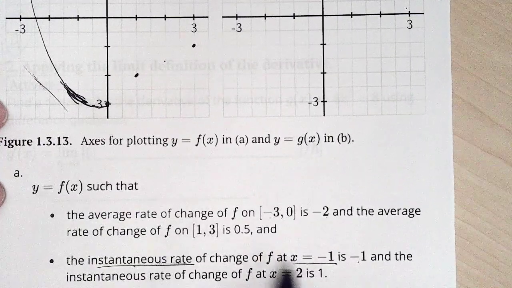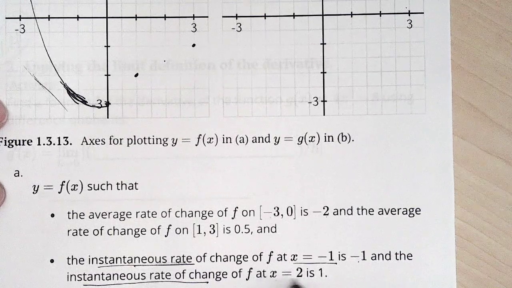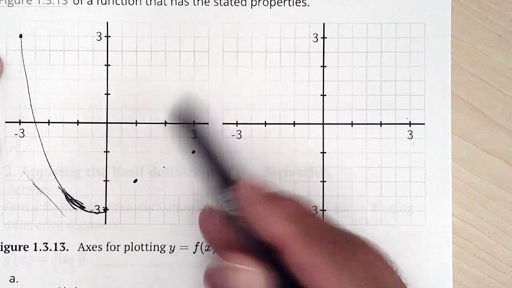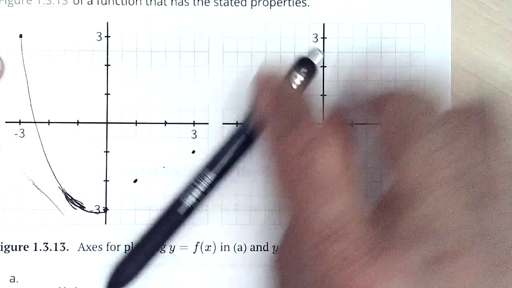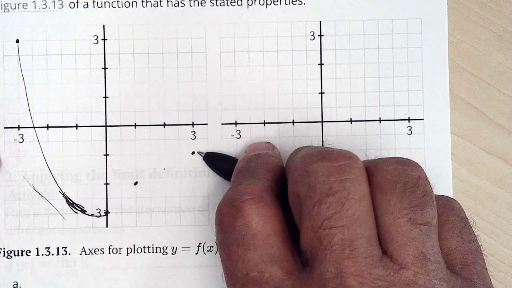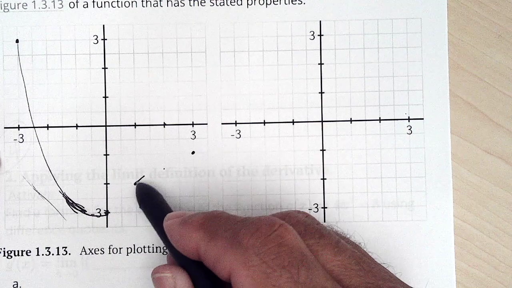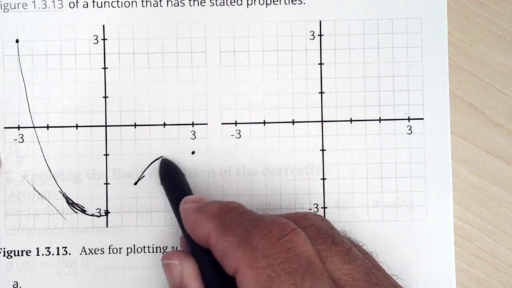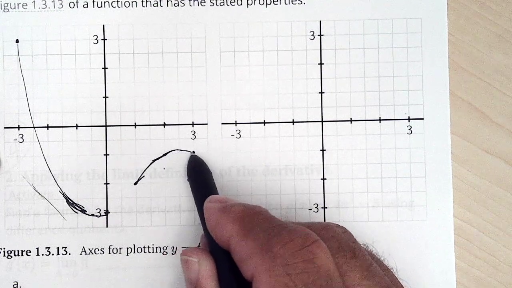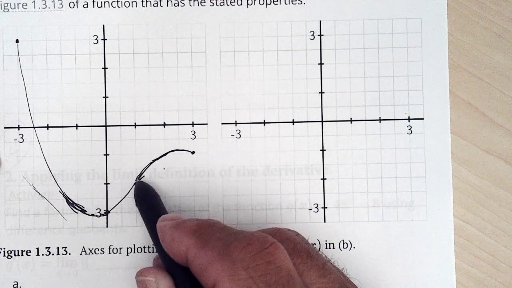Then it says there's going to be a slope of 1 at 2. At 2, it's supposed to have a slope of 1. Well, that's steeper than it is going from here to here. So I'll have to go up and then taper off, so it's got a slope of 1 and then ends up here. And then I just need to connect these.